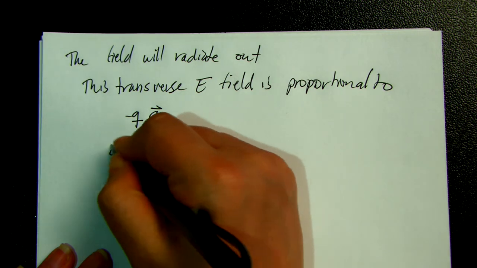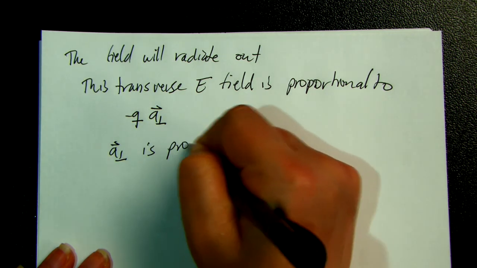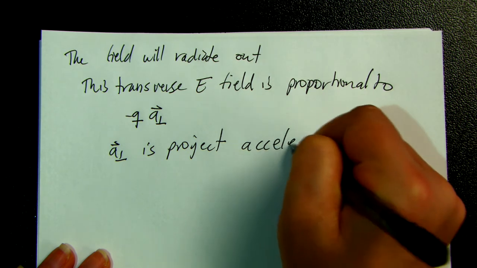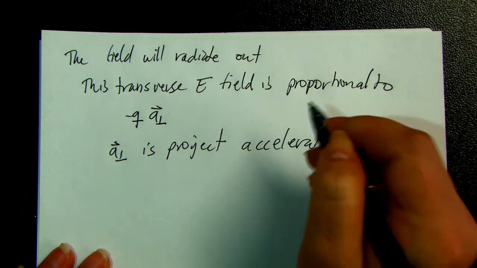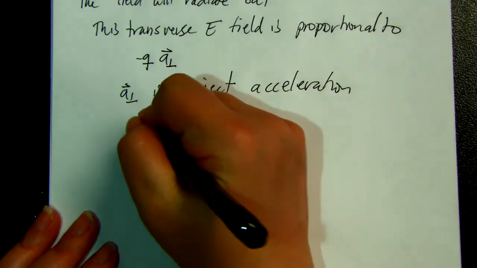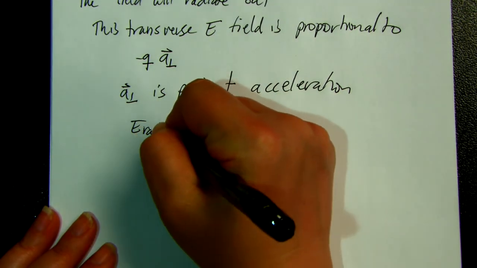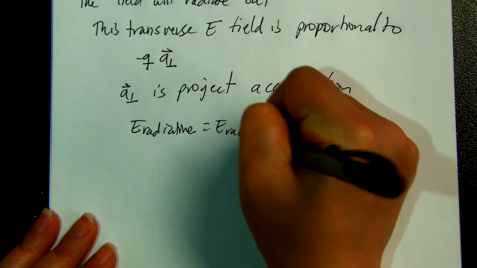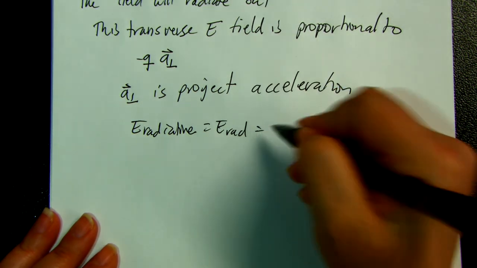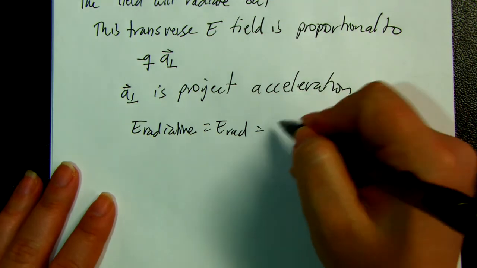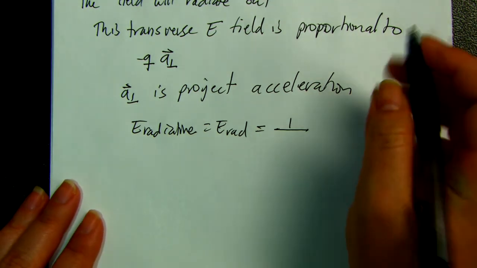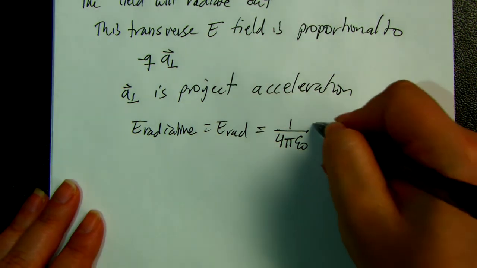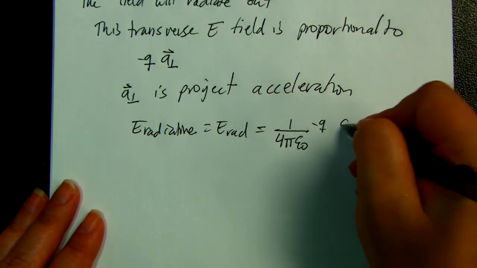A perpendicular is projected acceleration. And so we can write the radiative, or what I'll more commonly write as E-rad, because it's radical. Oh, you students who have no idea about how tubular 90s vocabulary was.